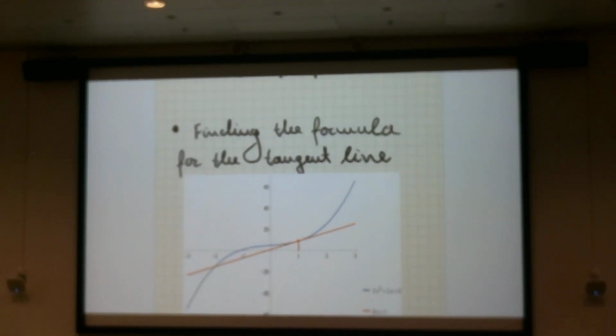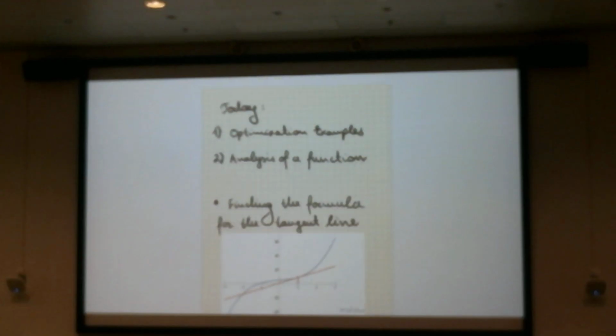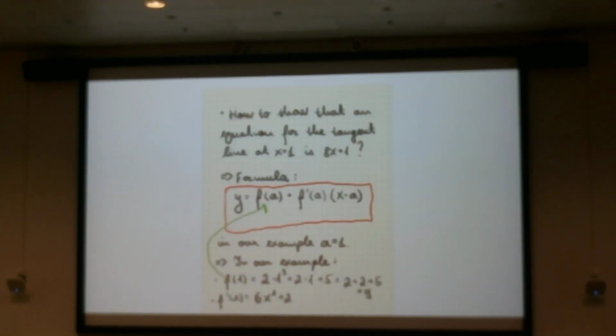So in this case, I just preemptively plotted them together as if I knew the formula for the tangent line at x equals 1. But then we verified that by using the formula, we actually got the same result. There is this specific and very nice formula that can give you the tangent line immediately.